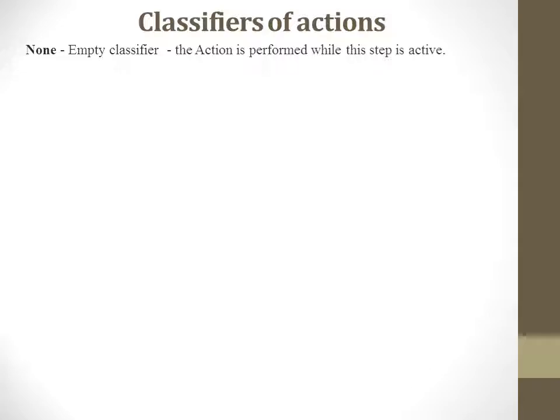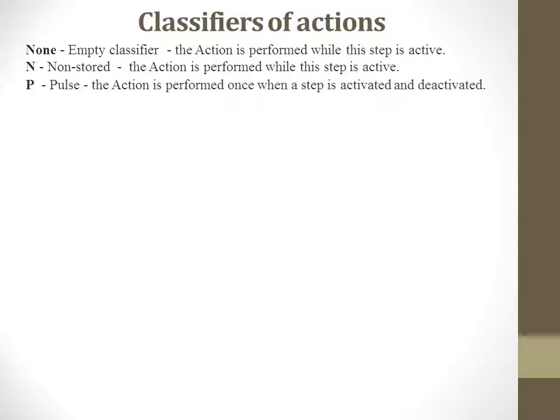It means that the action is performed while the step is active. Next, N, non-stored. The action is performed while the step is active. P, pulse. The action is performed once when a step is activated and deactivated.